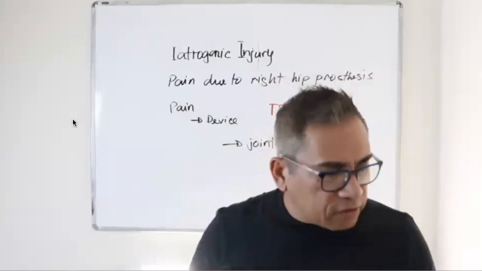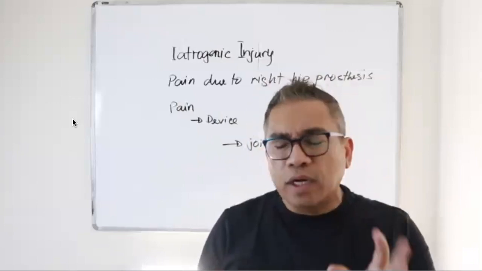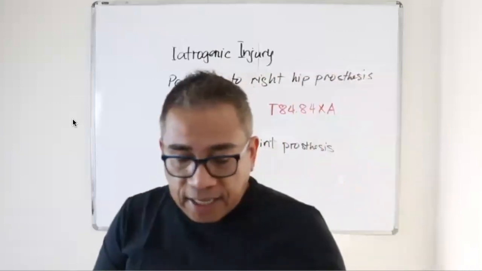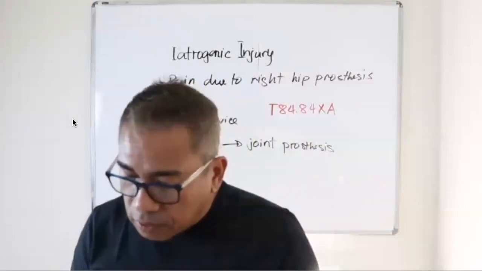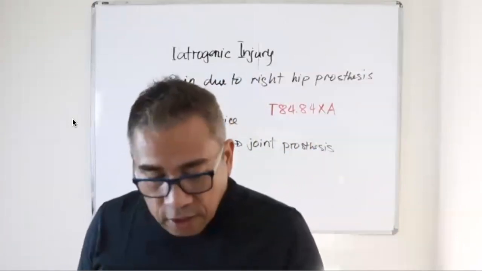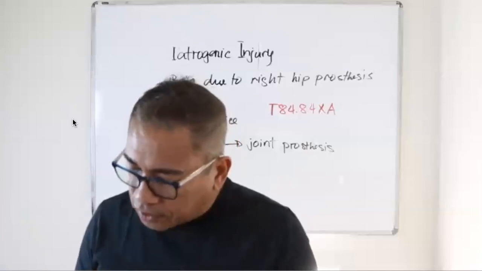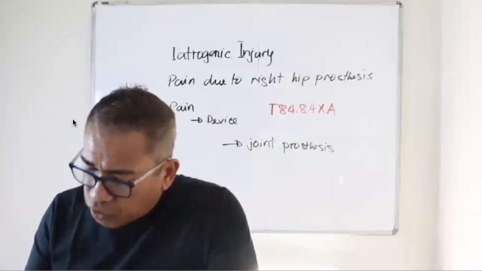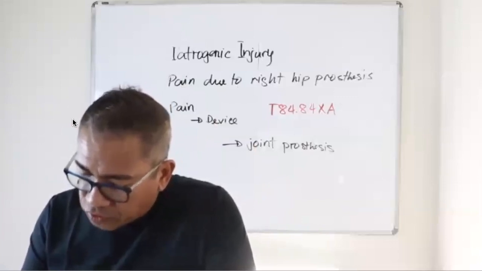Can we please look into T86 and what does T86 category code exactly state here? So I'm gonna go look at T86. I'm already at T84, so it will be easy for me to jump right into the T86. T86 here says complications of transplanted organs and tissue.